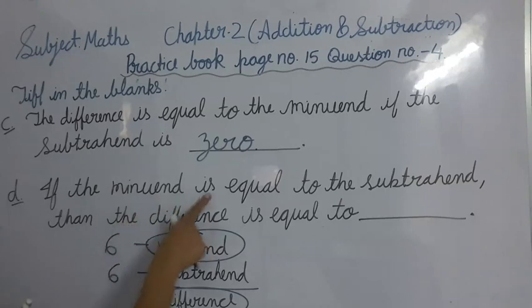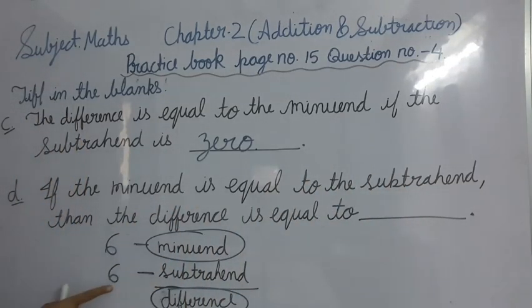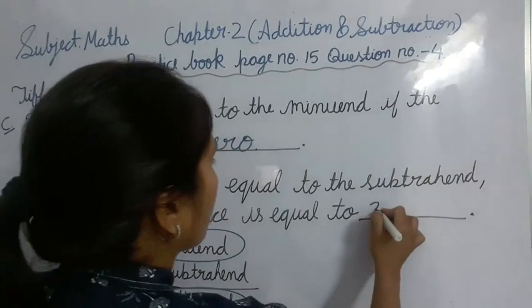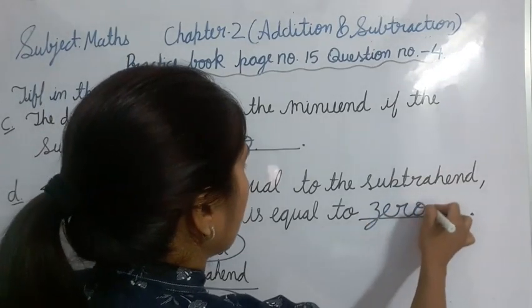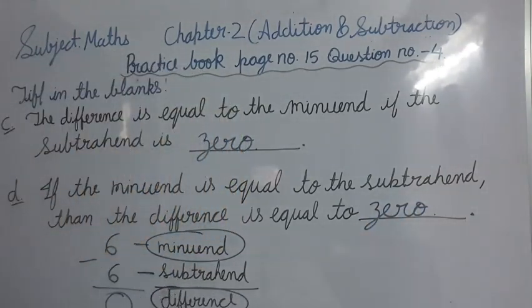So, if the minuend is equal to the subtrahend, then the difference is equal to what? What will be the difference between these two numbers? 0. If the minuend and subtrahend are the same number, then the difference will always be 0. So here also what will come? 0. Okay, I think it is clear to you all now.